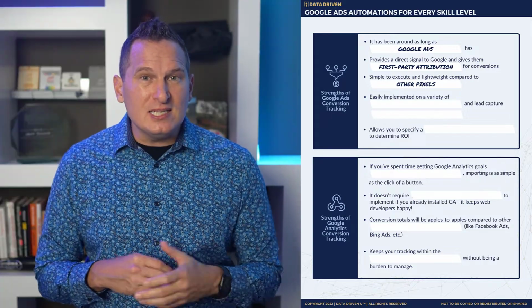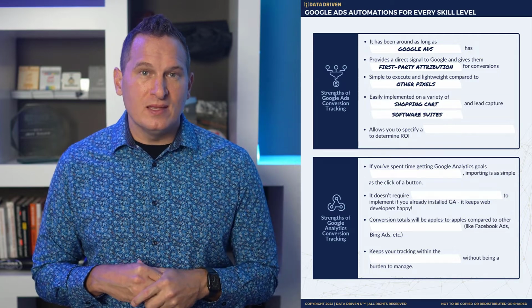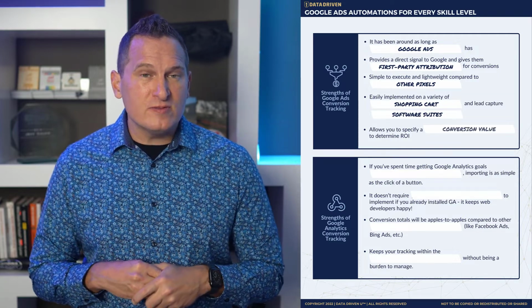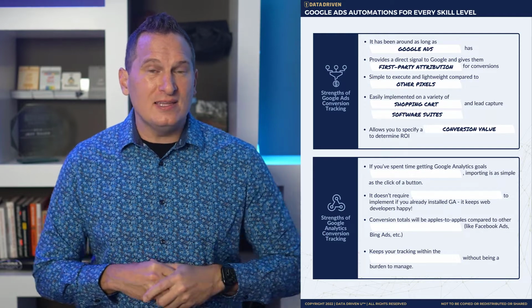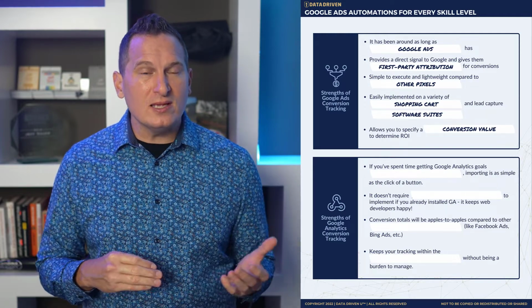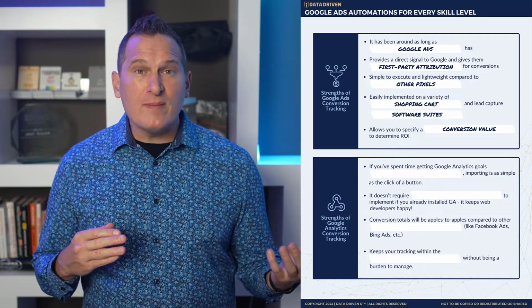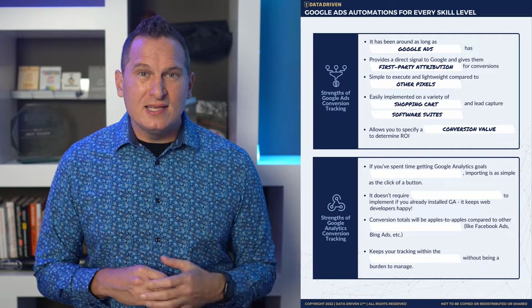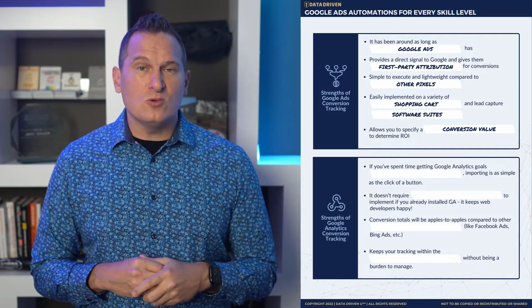It's also very easy to implement on a variety of shopping carts and lead capture software. And this allows you to specify a conversion value for your conversions and determine your ROI. And so I find the Google Ads Conversion Pixel to be really beneficial if you just want to track only that one thing, if your primary form of advertising is Google Ads, and maybe you don't trust your Google Analytics data yet, Google Ads and their pixel is the way to go.